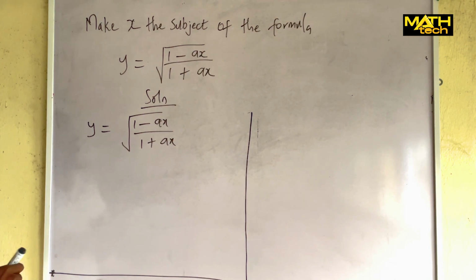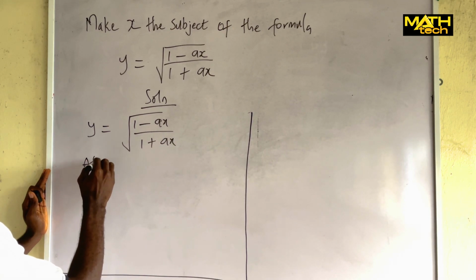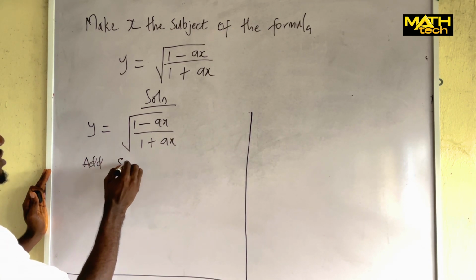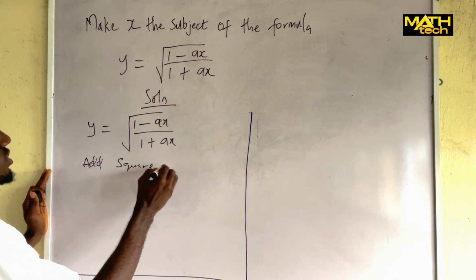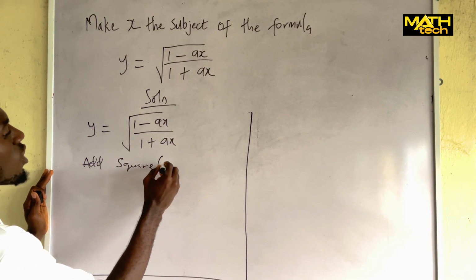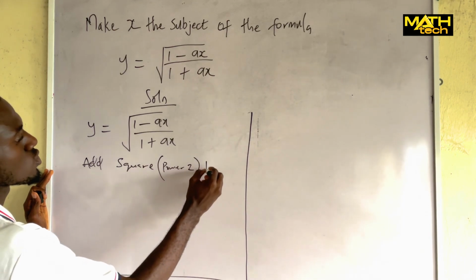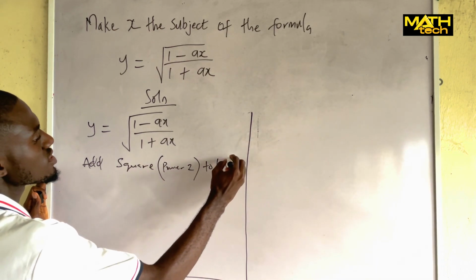Now, adding squares to both sides, that is bracket, power of 2, to both sides.